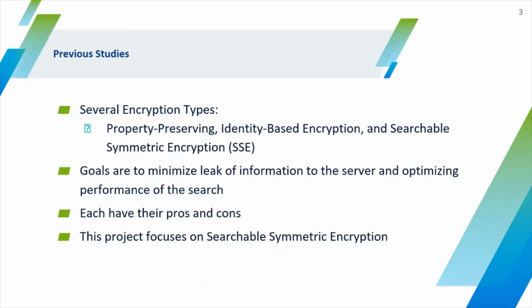All these types of encryption have the common goals, which is to minimize the leak of information to the server and optimizing the performance of the search. And each has its pros and cons. My project particularly focused on searchable symmetric encryption.